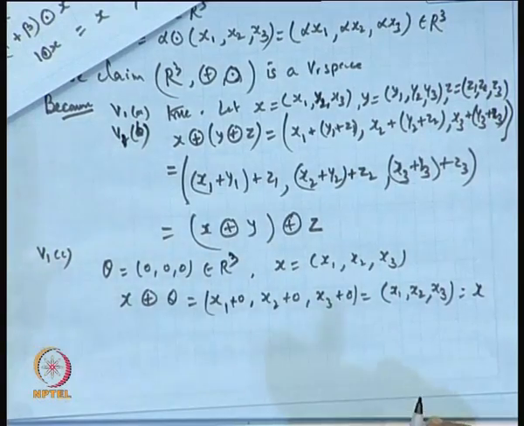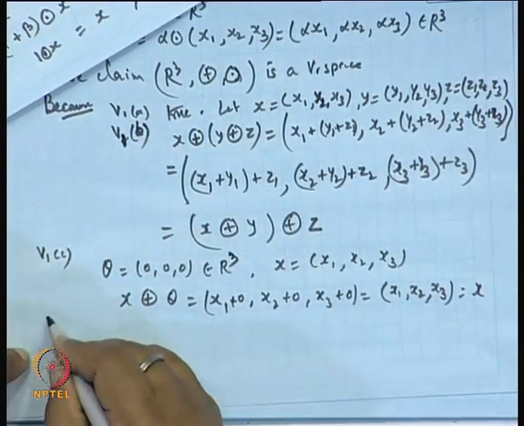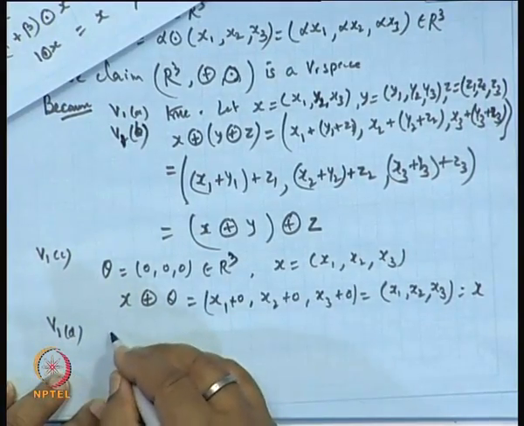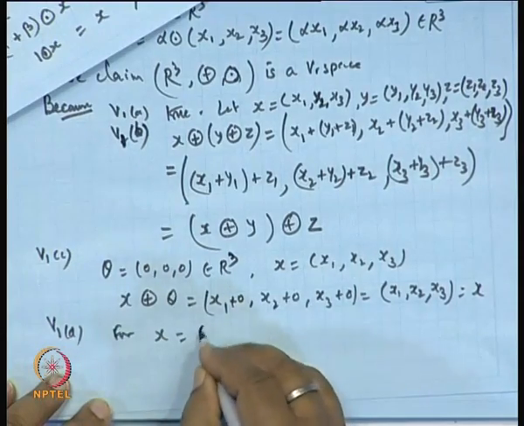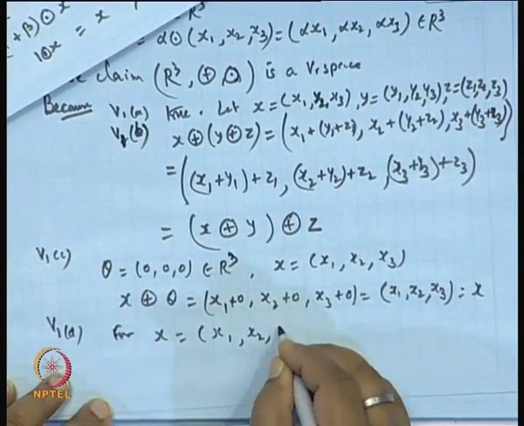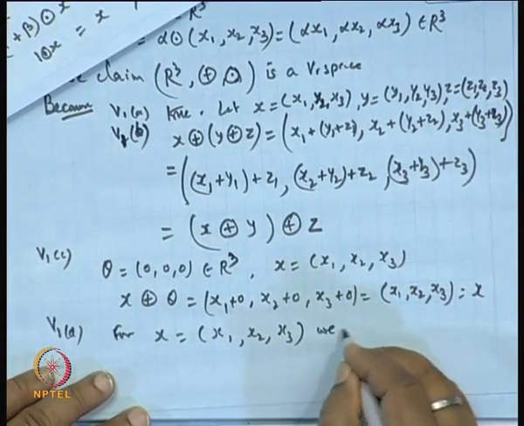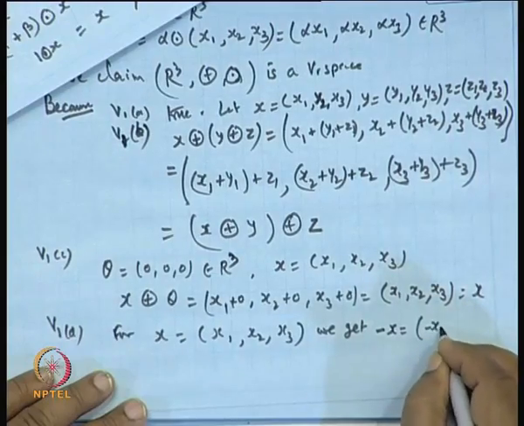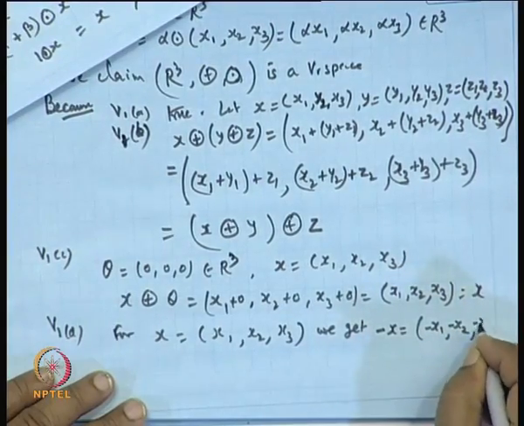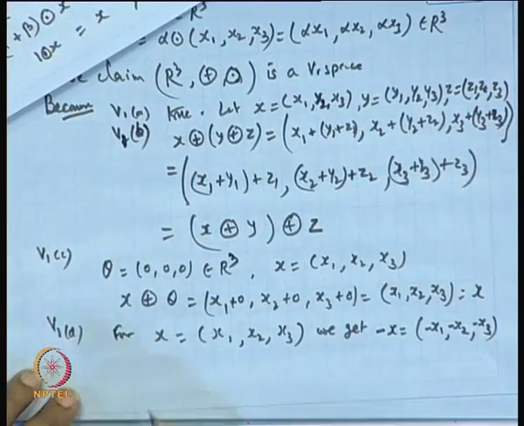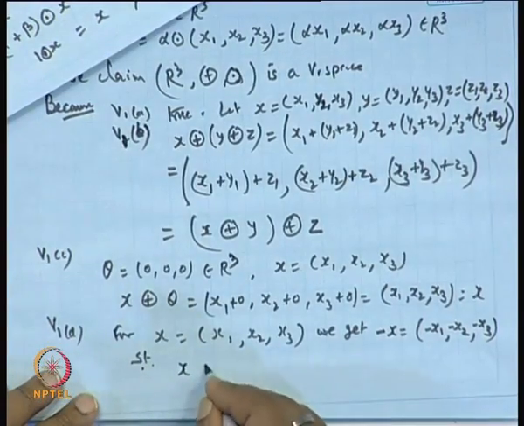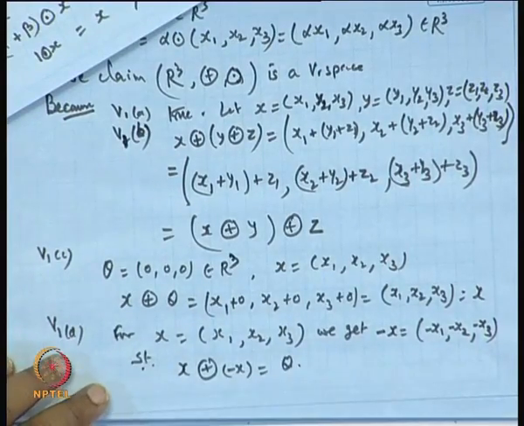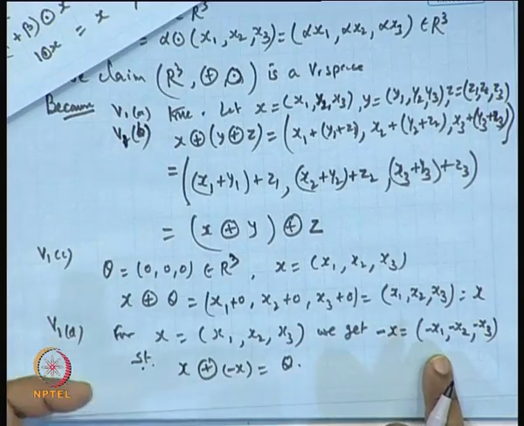Similarly, the other way round also, okay. And V 1 D: corresponding to each x, which is x 1, x 2, x 3, we get minus x as minus x 1, minus x 2, minus x 3, such that x plus minus x is equal to null, because x 1 minus x 1 is 0, 0, 0.